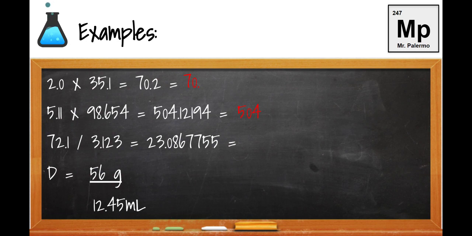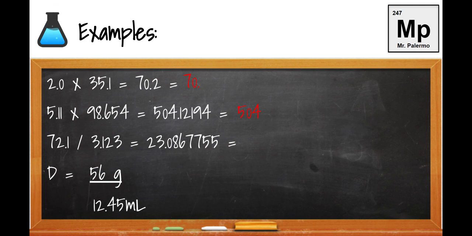Let's look at the next one. Let me explain it before I put the answer up there. 5.11, 3 significant figures. 98.654, 5 significant figures. So my answer needs to have the 3 significant figures that I'm showing you in red. 72.1, 3 significant figures, divided by 3.123, 4 significant figures, which means my answer needs to be rounded to 3 significant figures.